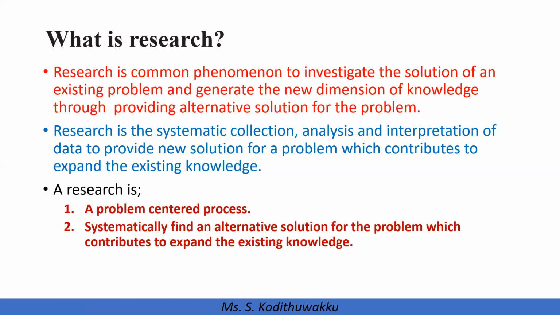Now remember, research is a systematic mechanism or systematic process plus a scientific process. You have to use a scientific process. An approved systematic mechanism is called research methodology. So you have to apply the research methodology properly.